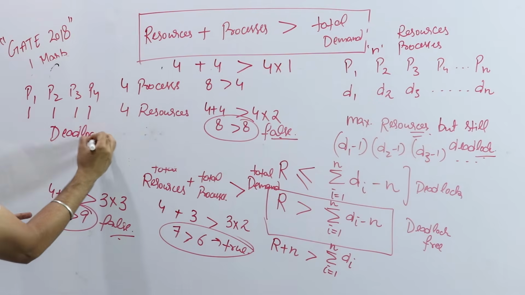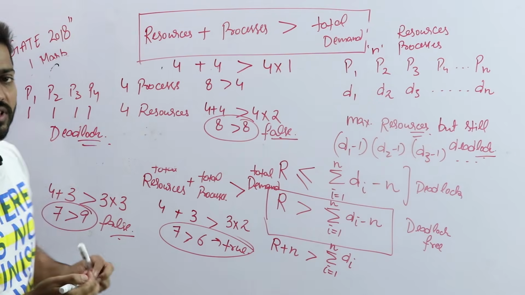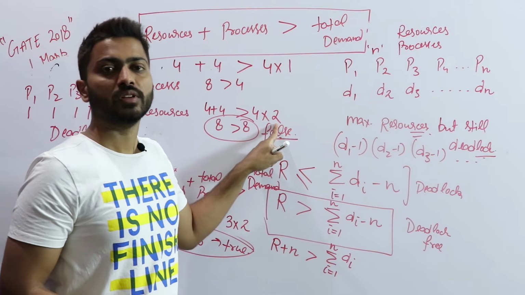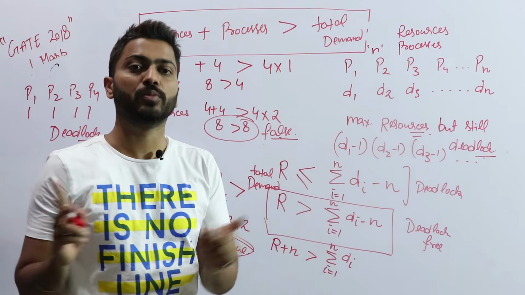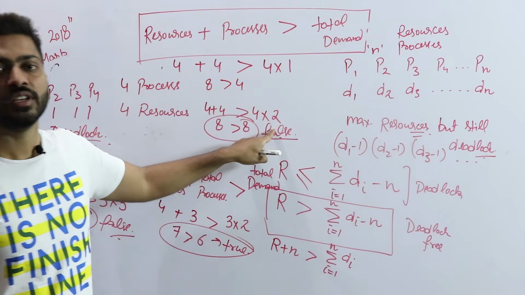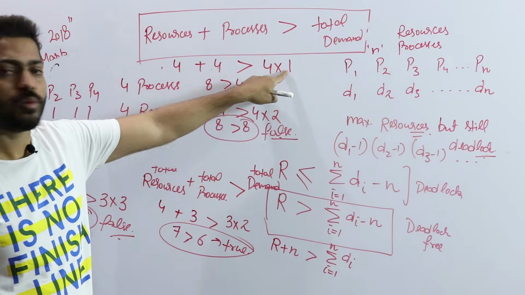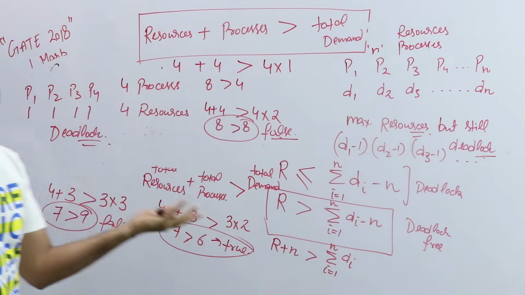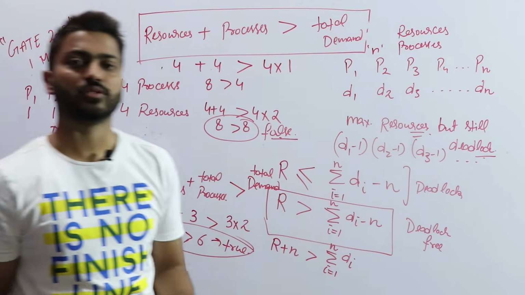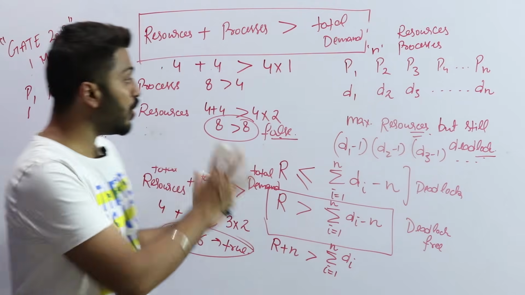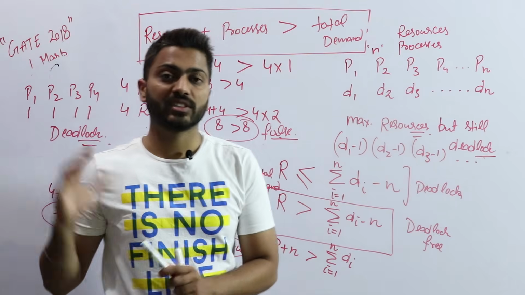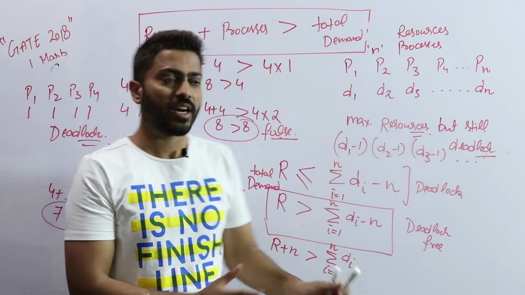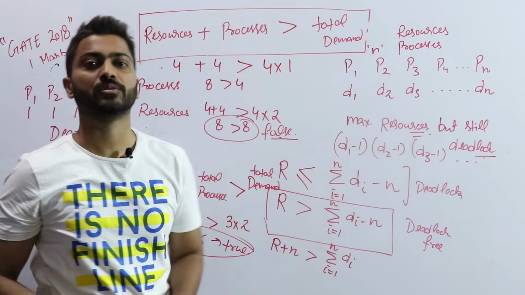So the demand of each process cannot be 2. They can demand 1, no problem. If they demand 1, I can easily give 1 to every process, and they will get executed successfully. So this is how we can solve questions like this manually, and by using this formula also.